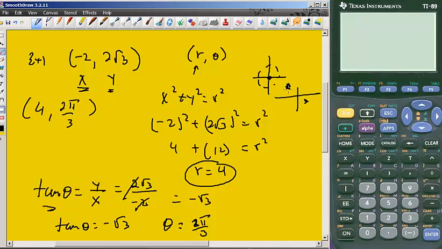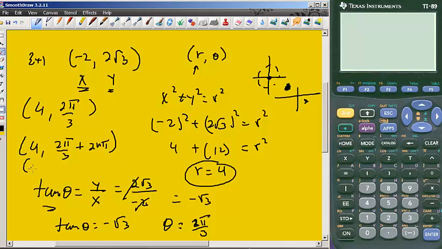Now we only found one point right there, so if we want to find multiple points, we would write that as 4 comma 2 pi over 3 plus 2n pi. It's plus, because we're going the same direction. Otherwise, if we go minus, then we're going to go down.